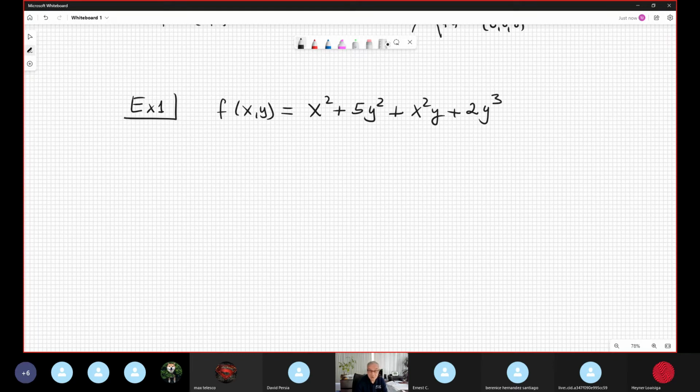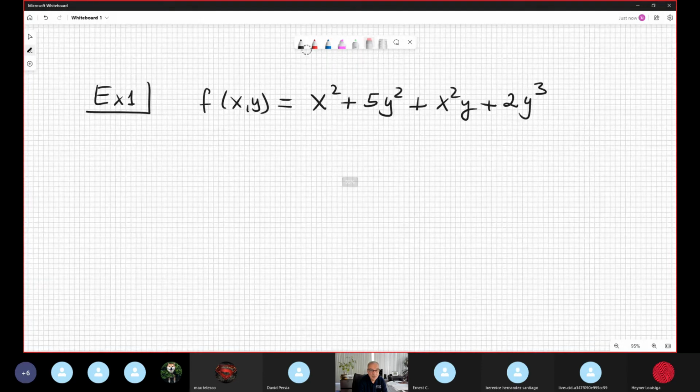Okay, so I need to investigate max, min, or saddle point, which is the new idea. Okay, we try. Bueno, you set the gradient equal to 0.